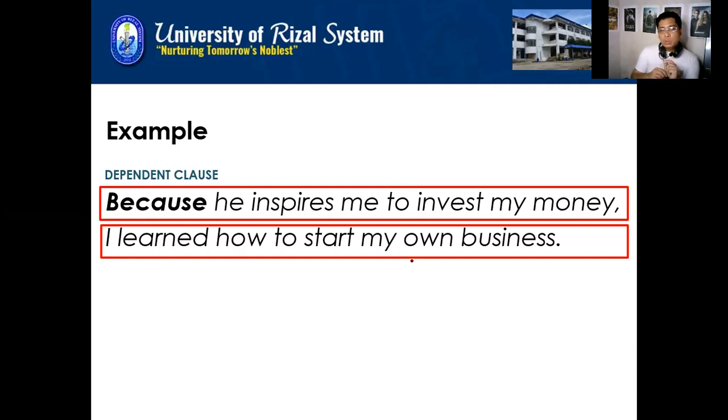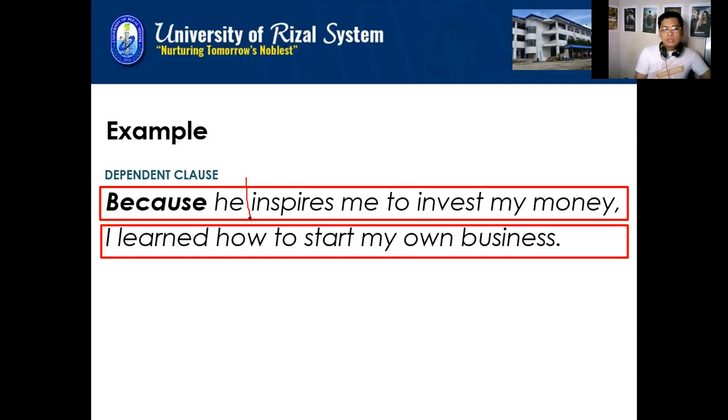But if you look at the structure, we have the subject-predicate structure: "it," which is the subject, inspires me to invest my money. So there should always be a subject-predicate structure plus the subordinating conjunction to make it a dependent clause. And the very reason it becomes a dependent clause is the subordinator "because."